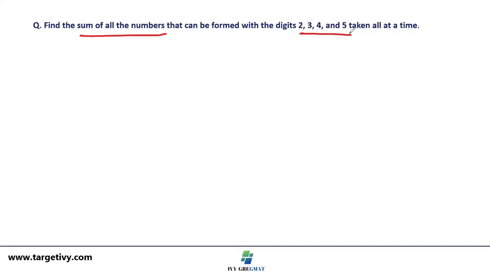So the total number of numbers is factorial 4 because there are 4 numbers, which makes it 24.